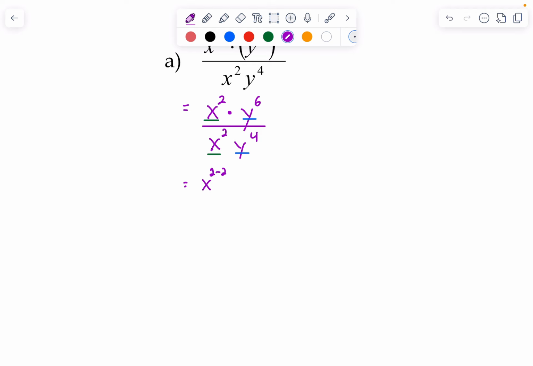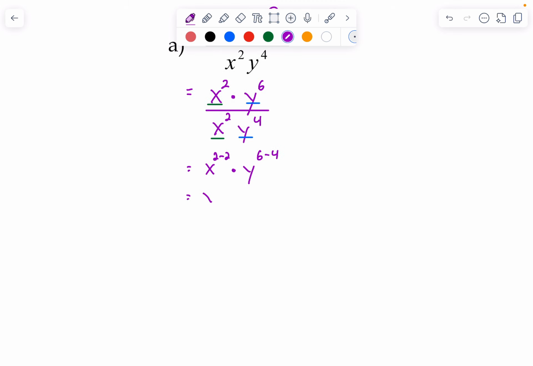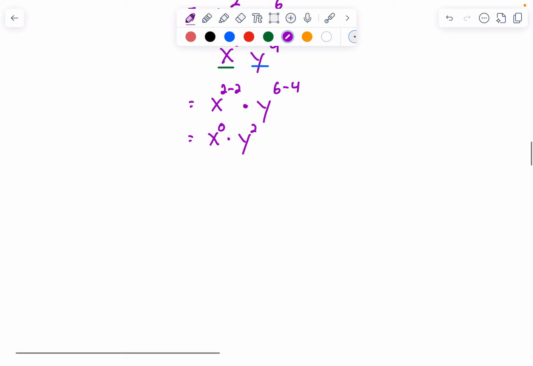And then you have your other common base, y, and subtract the bottom exponent from the numerator exponent, so 6 take away 4. That would leave us with x to the 0 times y squared, and x to the 0, well, anything put to the power of 0 is just 1, so your final answer would be y squared.